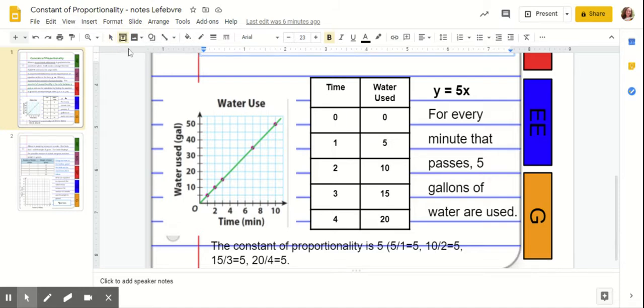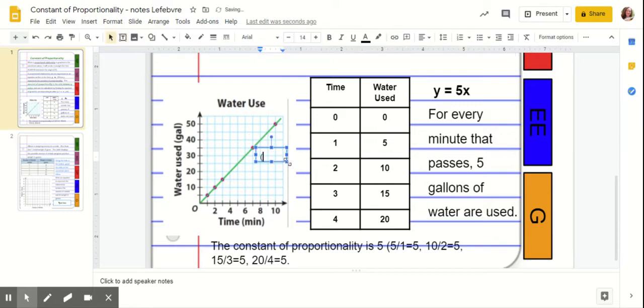So if I wanted to, let's say, pick a point off this graph, let's use this one here. The x value, I have gone over 7 units. So my x value is 7. And then my y value, I've gone up to 35. So there's my x and my y values.